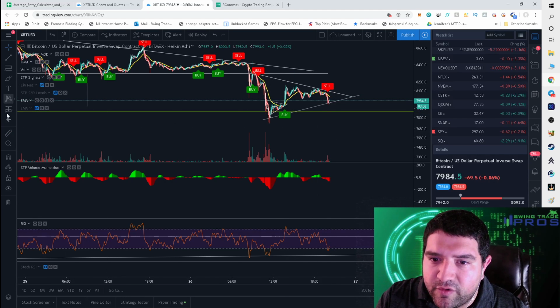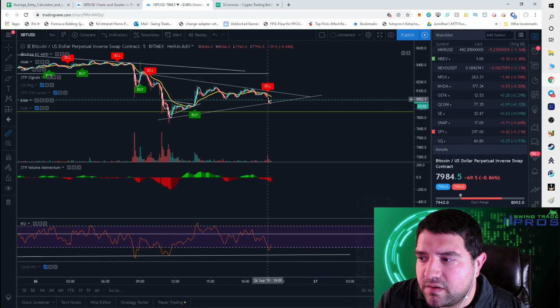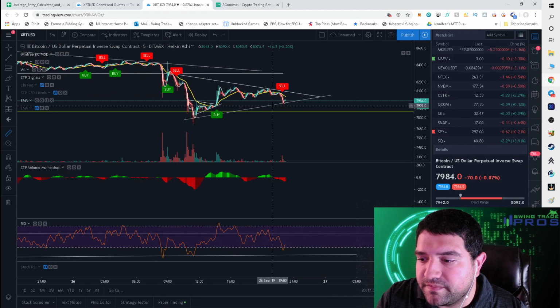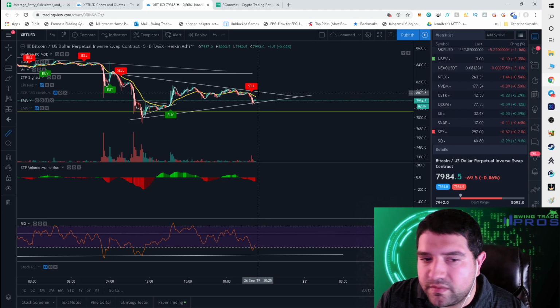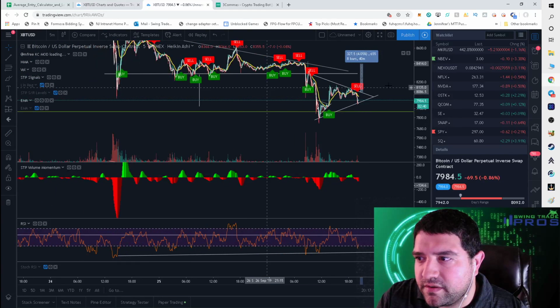All right, so we're looking at around a 4% move. This is definitely a low risk area to take a potential long. I saw that we made a higher low here, so there's a chance that we could break up back into this. That would put us right around that 8,400 area.